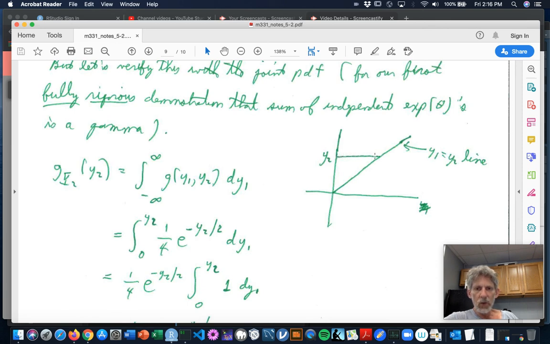Well, the possible y1s where the g is more than 0 would only be the y1s that take you from here to here. At this point, the y1 is a 0. And up here, the y1 and the y2 are the same because you're on the y1 equals y2 line. So you really only need to integrate from 0 to y2.